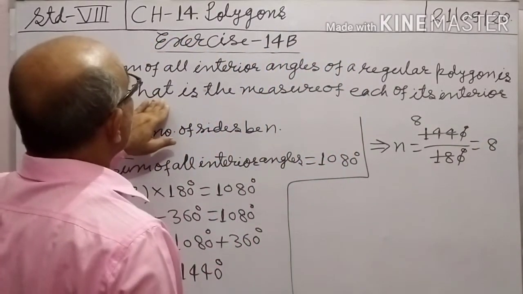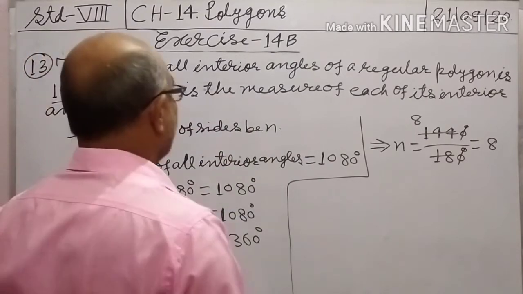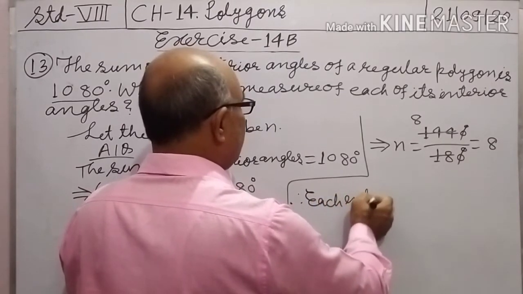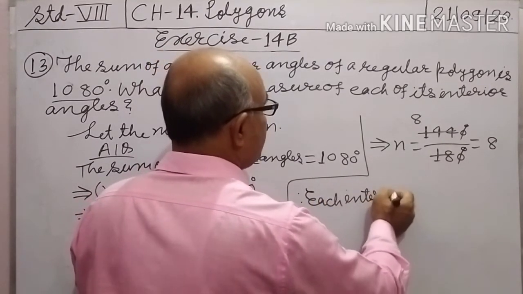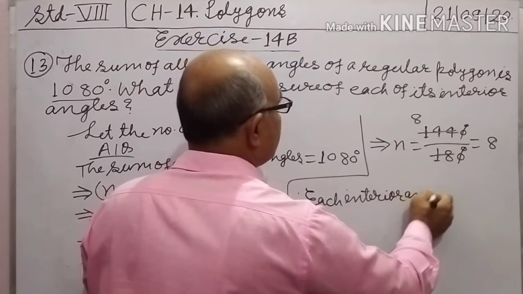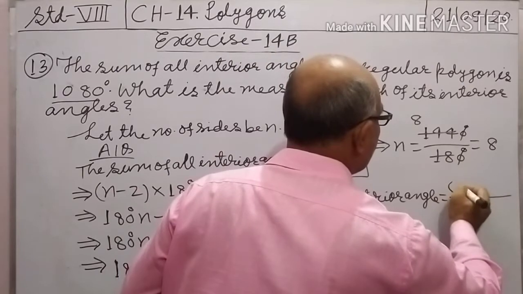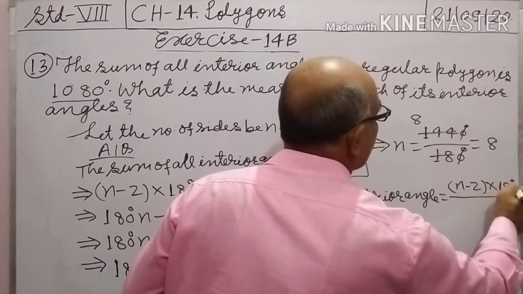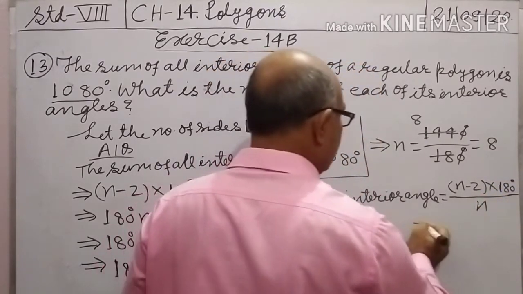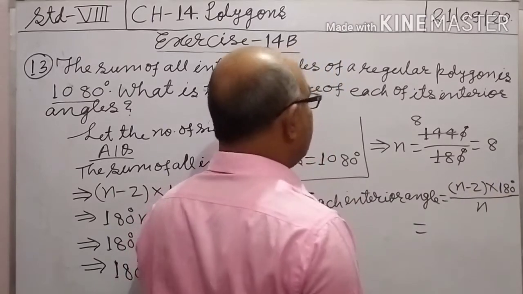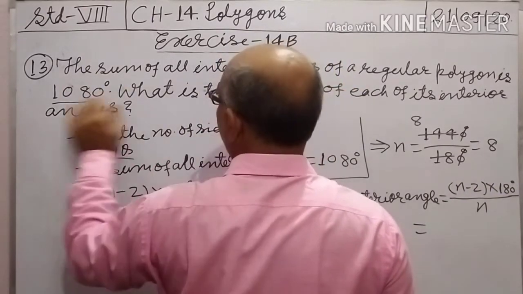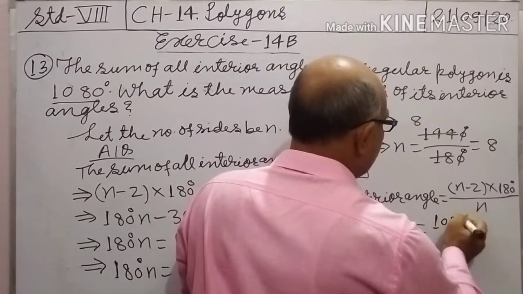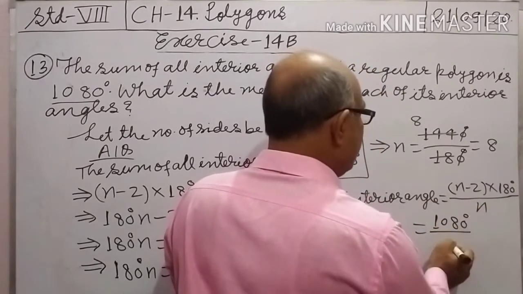Now we have to find what is the measure of each interior angle. Therefore, each interior angle equal to, formula is (n minus 2) into 180 degree by n. (n minus 2) into 180 degree means sum of all interior angles, that means 1080 degree. So 1080 degree by n. n is 8.